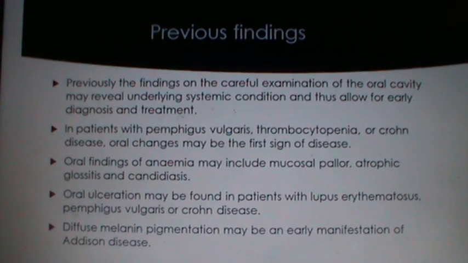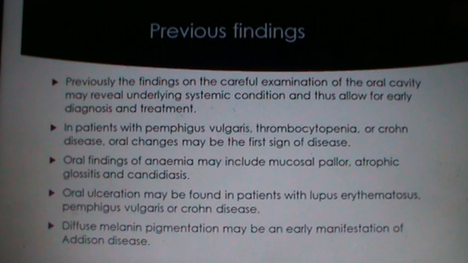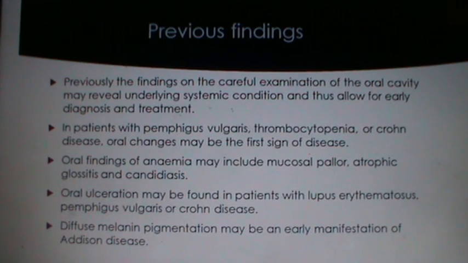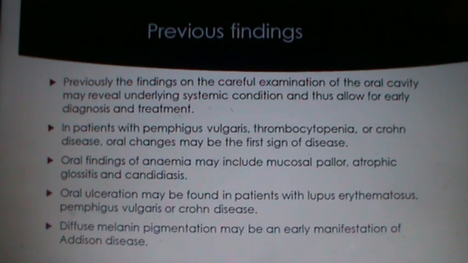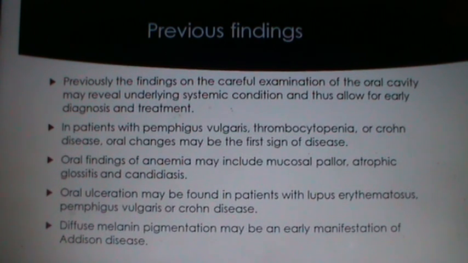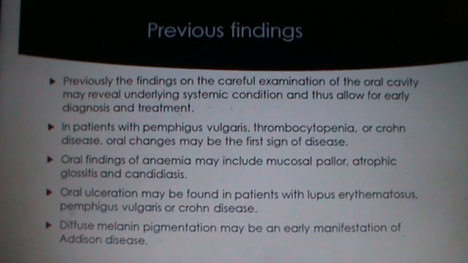Previous findings are that if you carefully examine the oral cavity, it may reveal underlying systemic conditions, which is important for the early diagnosis and treatment of the patient. In patients with pemphigus vulgaris, thrombocytopenia, or Crohn's disease, oral changes may be the first sign of the disease.